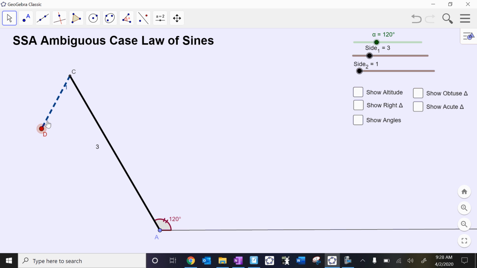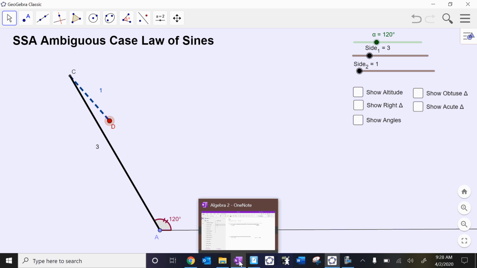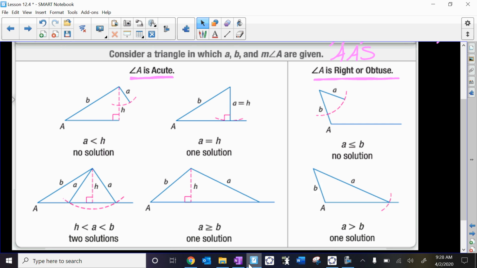Well, when a is less than b, that side length, even though it rotates freely up there, because this angle measure is not fixed, never hits this bottom line down here. So therefore, there is no triangle. That's your first scenario. If a is less than b, you do not have a triangle.